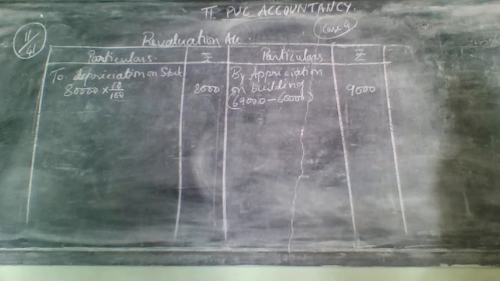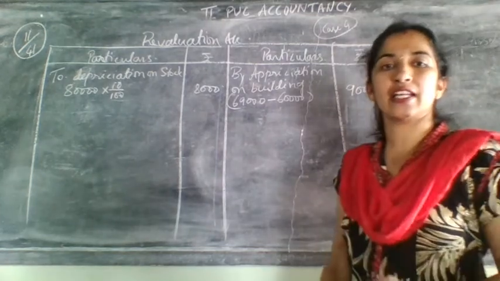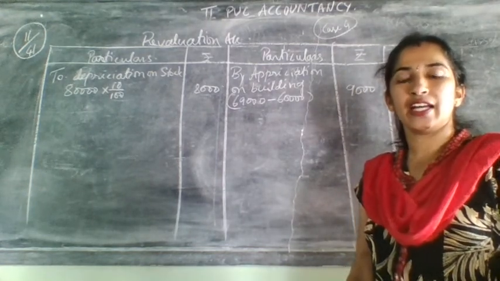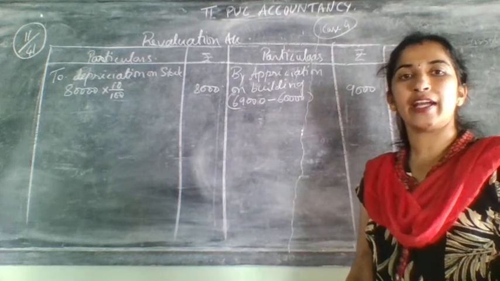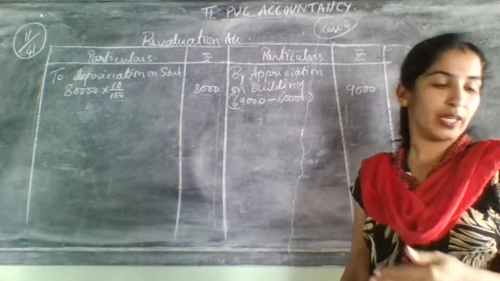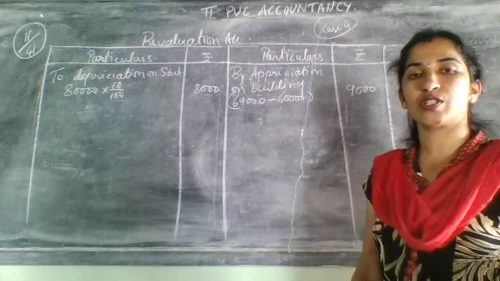Next comes provision for doubtful debt decreased by. It was not increased by now, decreased by 2,000. Decreased by is nothing but bad debt recovered. Decreased by, reduced by, recovered by, all have the same meaning. That means PDD was recovered. Earlier it was 6,000.